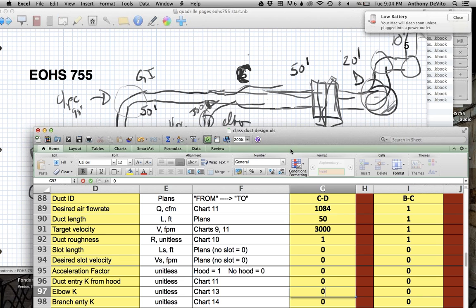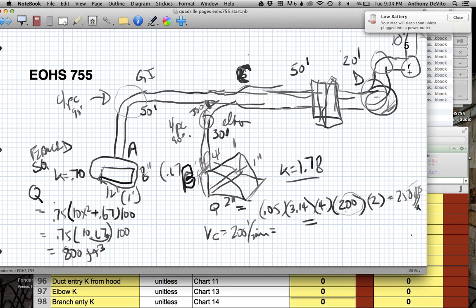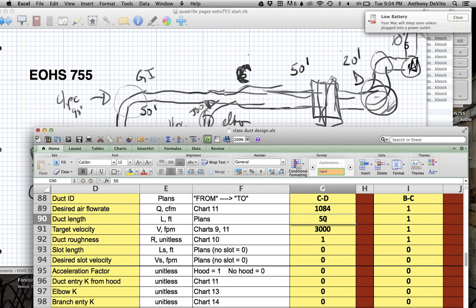Really, D is over here, the suction of the fan. Right, D. It's kind of a really oddball system that we drew here. At any rate, try and stick to one kind of media. So from C to D, we go 70 feet, not 50, 70 feet.